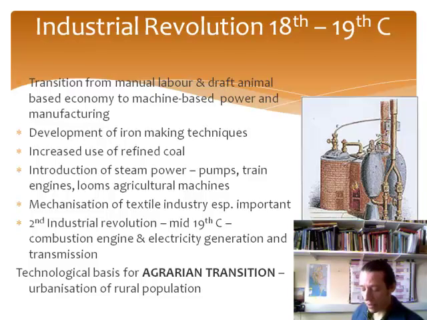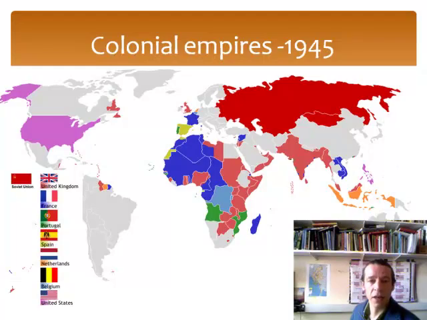The labour productivity in rural areas could be massively increased by the use of mechanical power, so there was no longer a need for so many people in rural areas, and there was an increasing demand for labour to work in factories in urban areas. So the first real urbanisation in Europe occurred in Manchester, based on this Industrial Revolution, and cities throughout Europe grew very quickly, particularly in the 19th century.